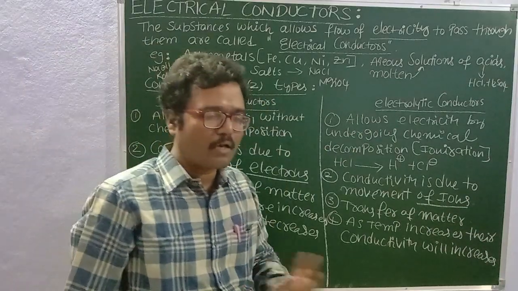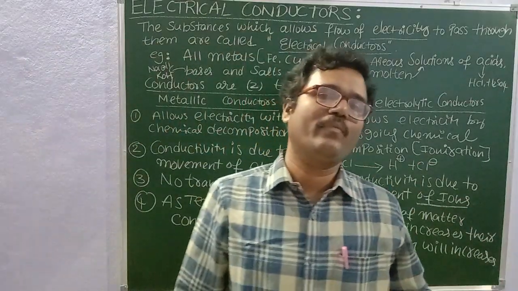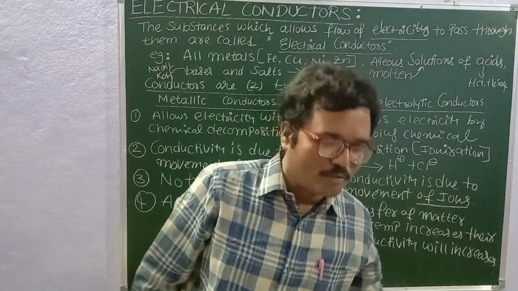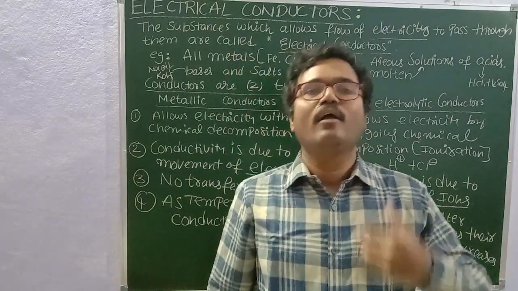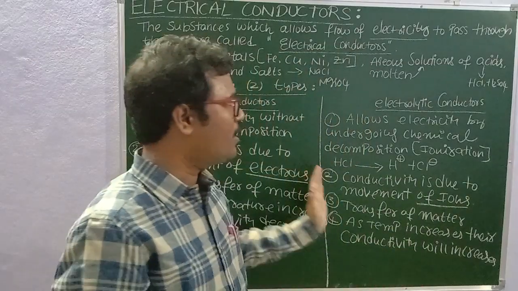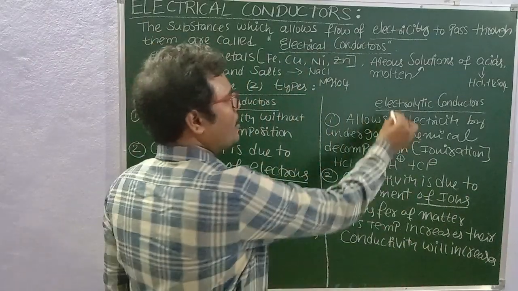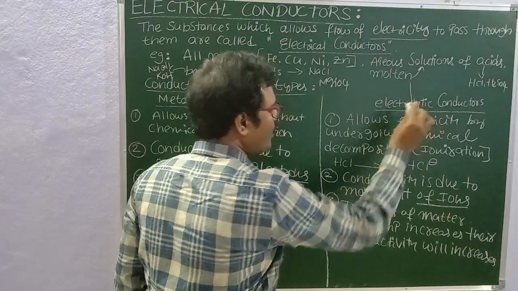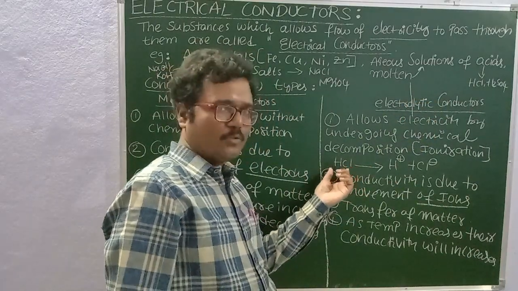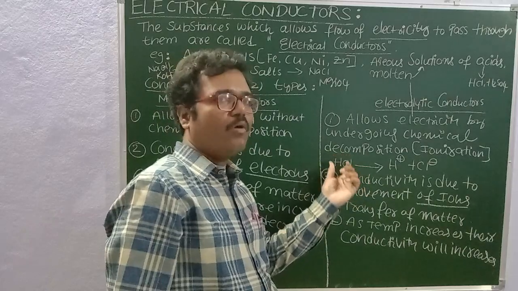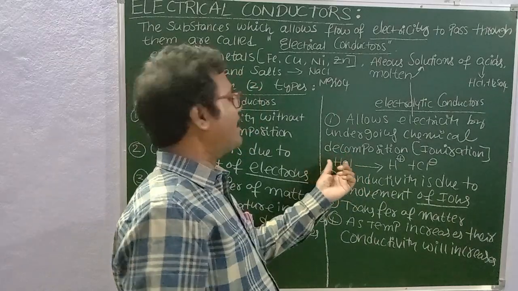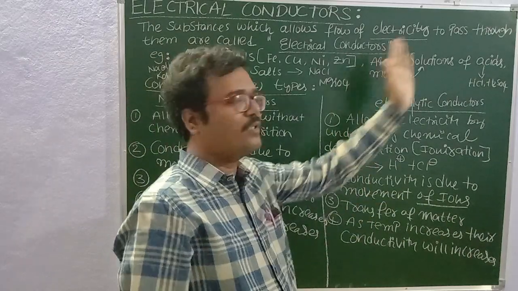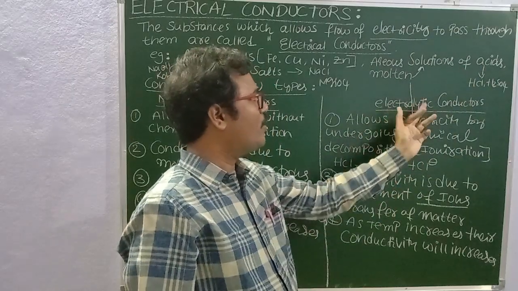Electrolytic conductors are also called electrolytes. The salt solutions, acid solutions, base solutions are examples for electrolytes. By passing electricity, the bond will be broken between the atoms present in that electrical conductor. So that is why the name is electrolytic conductor.